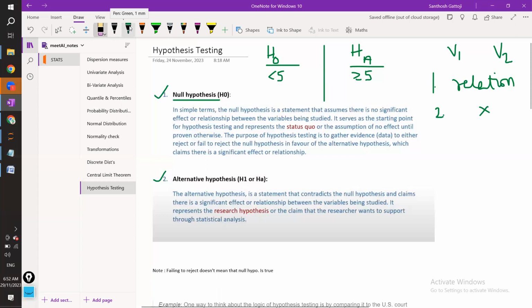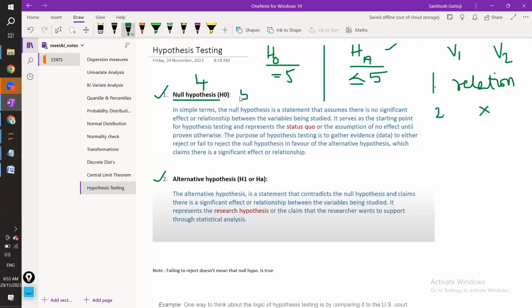But if I say, instead of greater than 5 and less than or equal to 5, null hypothesis is equal to 5 and the alternate is less than or equal to 5. In this scenario, if I give 10, it is not covered, fine. If I give 4, it will be alternate.